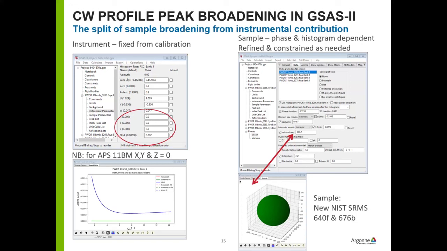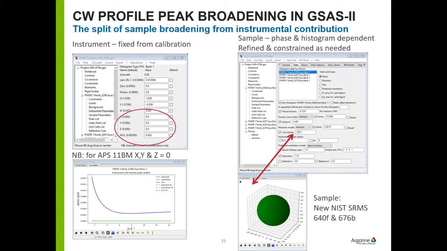On the other hand, the sample broadening is over here in a completely different place, which is characteristic of each phase in the sample, because each phase has different sample broadening, or can. And so it's over here underneath, say, phase silicon for a particular data set.